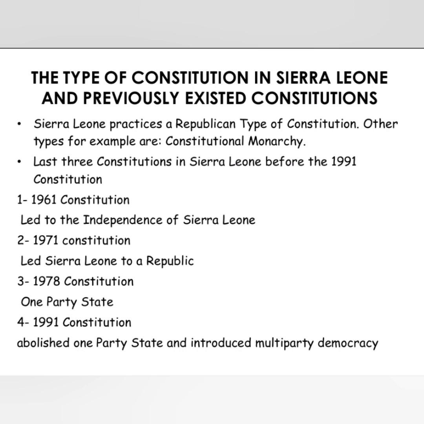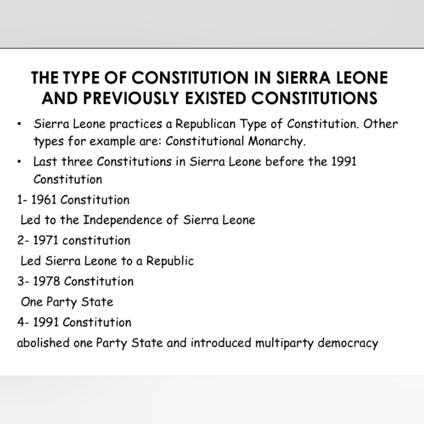The significance of this constitution is that it led Sierra Leone to independence. Another notable feature about this constitution was that it was the first constitution or the first law to define citizenship.